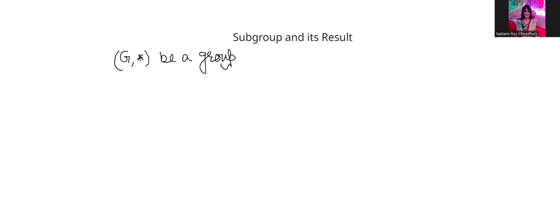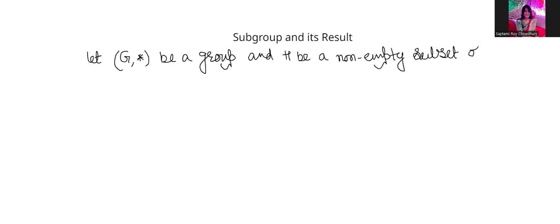Let G comma star be a group and H be a non-empty subset of G. And please be noted that if the operation is star, there should be star. If there is plus, there should be plus. If there is dot, there should be dot.